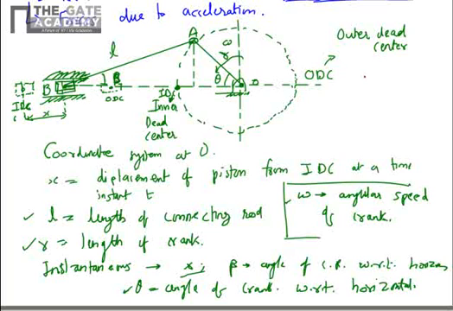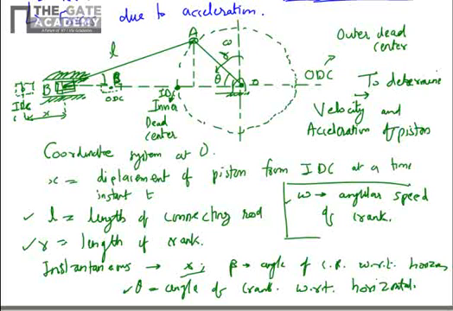So the main problem here is to determine velocity and acceleration of the piston. In the GATE examination also you will find questions where L, R, theta are given and you have to determine velocity and acceleration of the piston. This we will do with the help of trigonometry of this system.